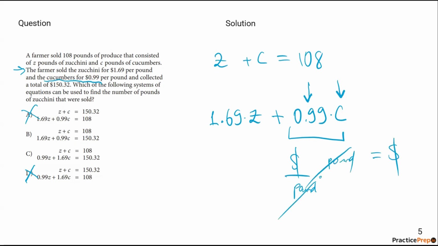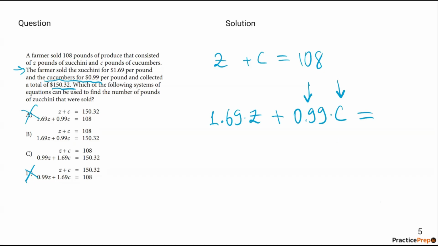It's going to give us dollars, right? So we're going to get his revenue, his earnings, when this equation is done. That's why we write here the equal sign and we write the earnings to the right side.